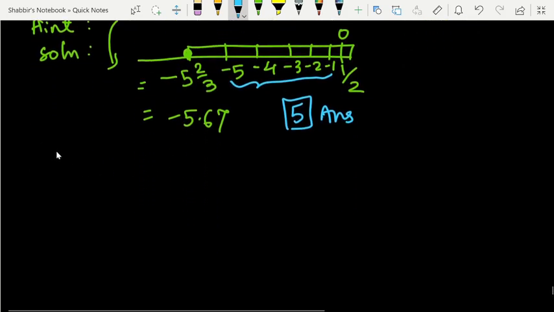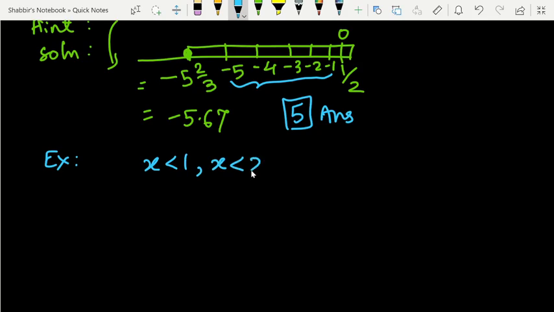Let's take another example. x less than 1, x less than 2, x less than 3, up to x less than 2025. What is the x which is satisfying all?